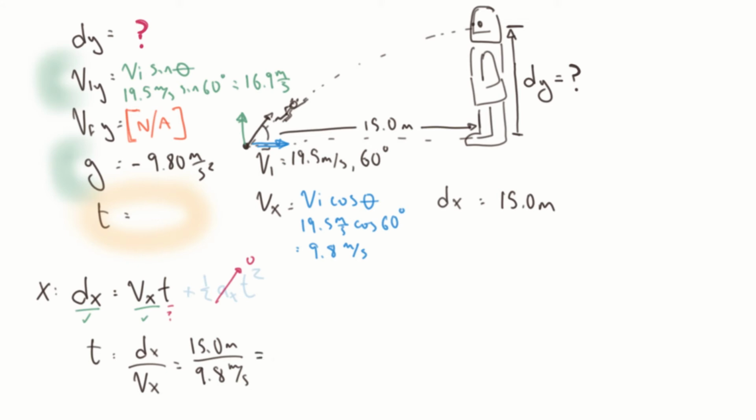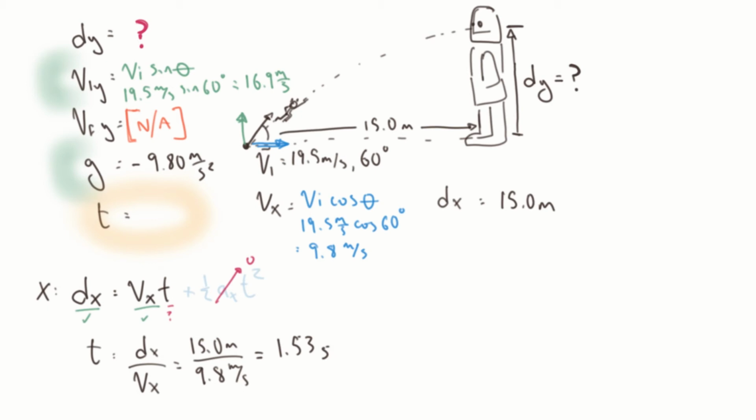It's the same value here. When we do the math, you take 15 divided by 9.8 and you get 1.5, we'll say 1.53 seconds. Alright, so Wolverine is in the air for 1.53 seconds before he impacts the Sentinel.